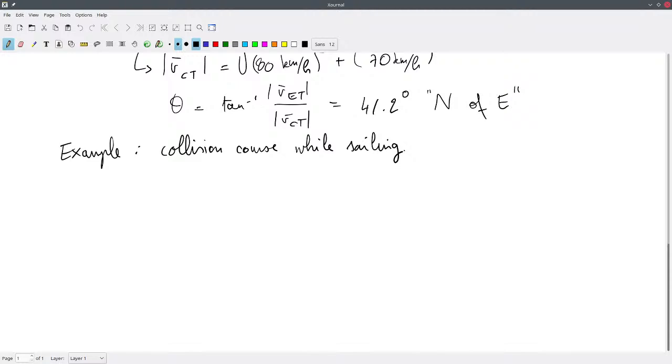But one thing you'll know is that when we have one boat here, and there's another boat here, and this one is moving in that direction, and this one is moving in that direction. So this is the velocity 1 with respect to the Earth. This is velocity 2 with respect to the Earth.